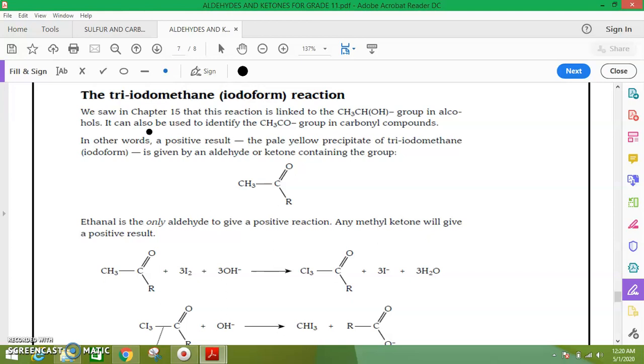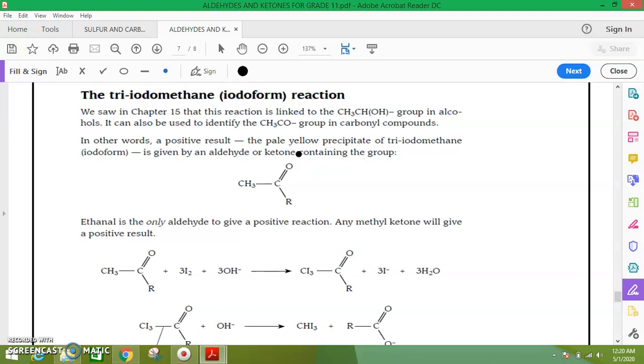This test can also be used to identify the CH3CO group in a carbonyl compound. In other words, a positive result, a pale yellow precipitate of triiodomethane, also called iodoform, is given by aldehydes or ketones containing that group.